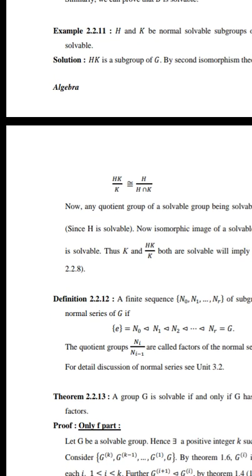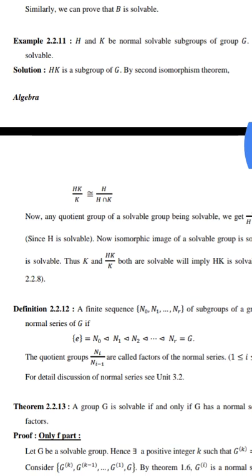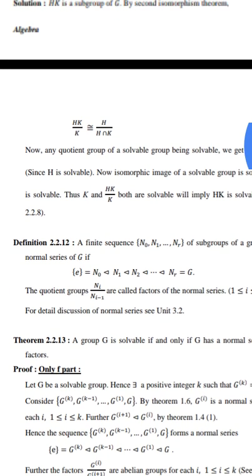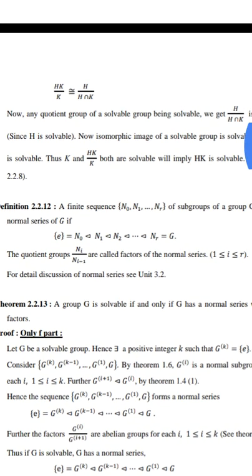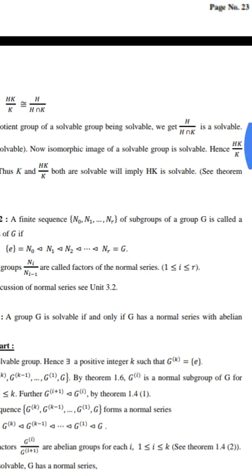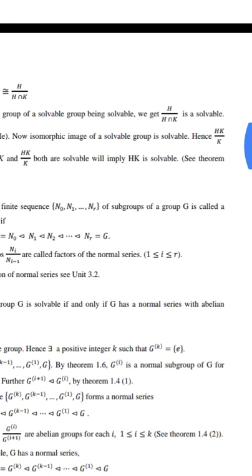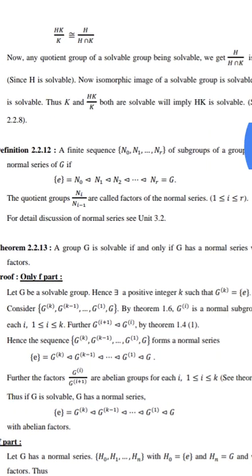We know that HK is a subgroup of G. Therefore, by the second isomorphism theorem, HK divided by K is isomorphic to H divided by H intersection K. Now, any quotient group of a soluble group being soluble, we get H divided by H intersection K is soluble, since H is soluble.